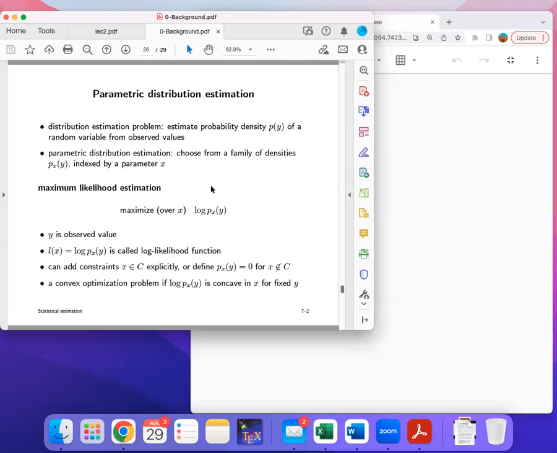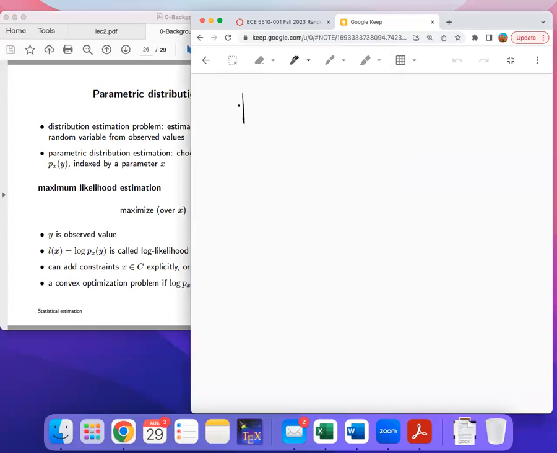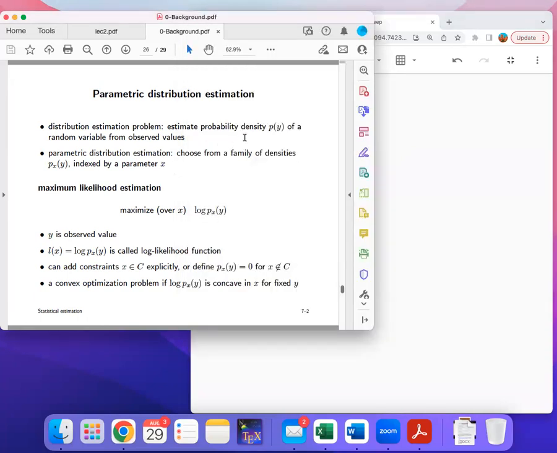So what happens is that in many applications we are dealing with a parametric family of distributions. It is denoted by P, X, Y. Okay. Well, Y is the observation.